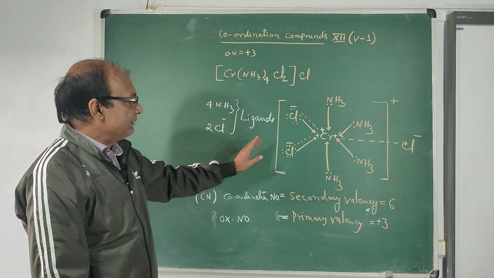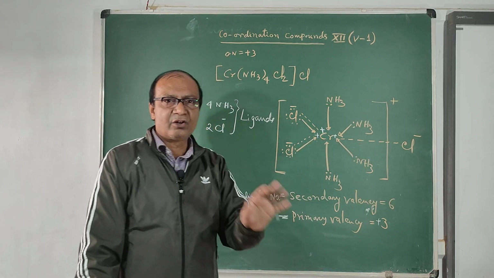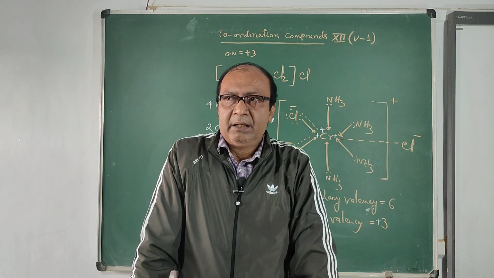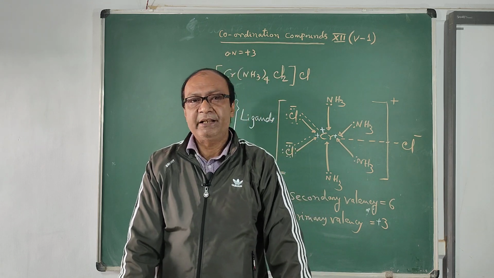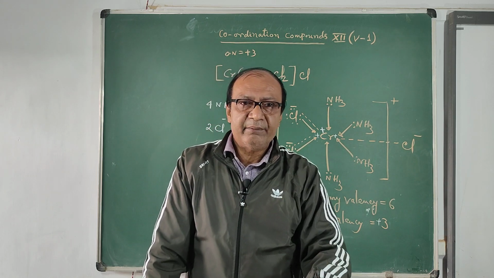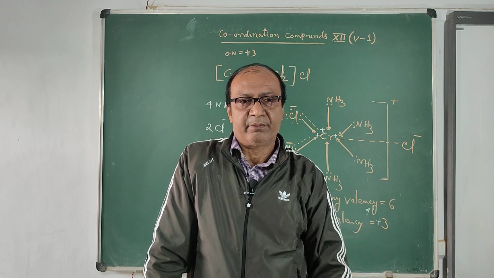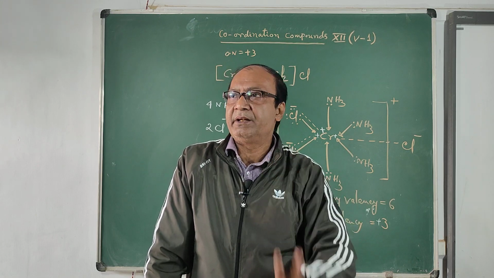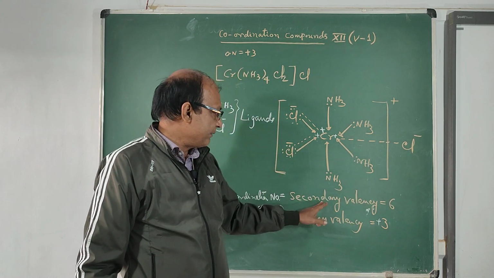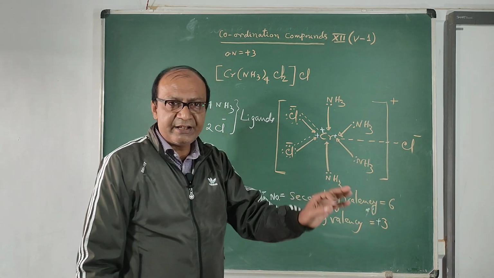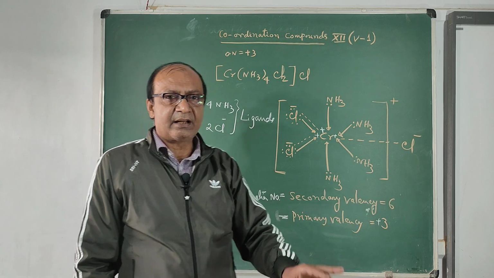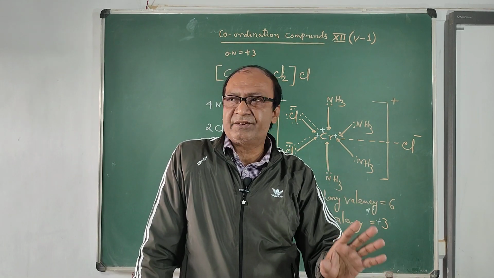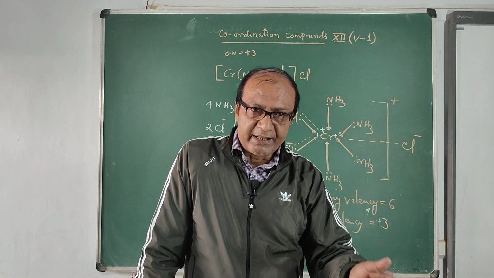Let us discuss again that these primary valencies are normally ionizable, but not necessarily. Primary valencies are normally ionizable and secondary valencies are non-ionizable. These two things you must keep in your mind: secondary valencies are non-ionizable, and primary valencies are normally ionizable, meaning they can ionize.